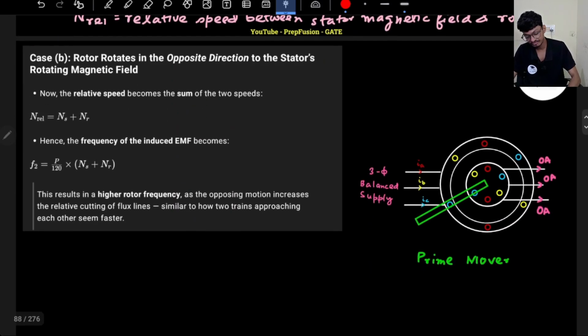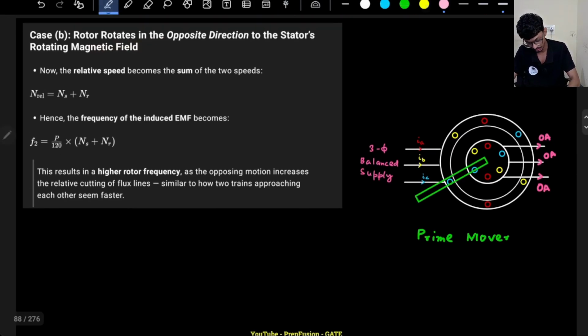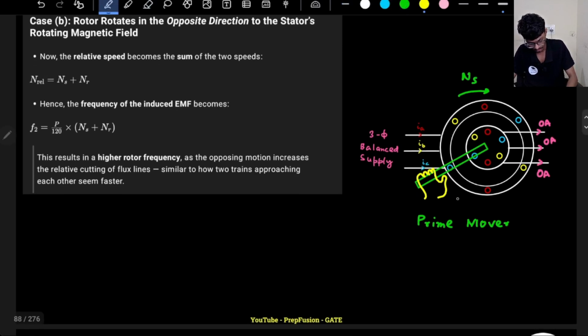Now let's say they rotate in the opposite direction. What will happen? If my stator magnetic field is rotating in the clockwise direction at ns and my rotor is rotating in the anti-clockwise direction at nr, what is the relative speed?